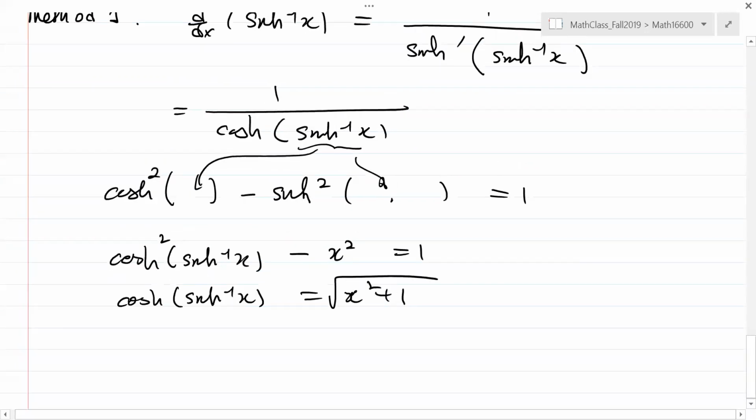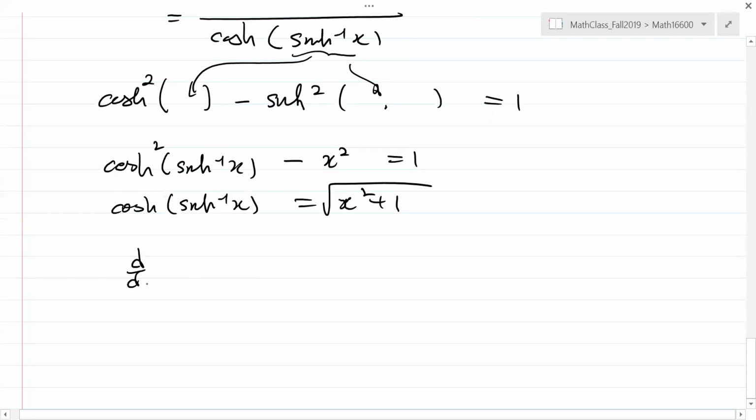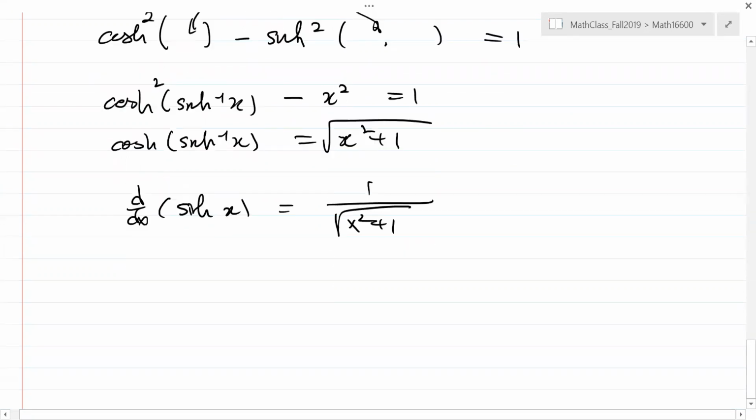And then we put it back, and we get that the derivative of inverse hyperbolic sine x is 1 over the square root of x squared plus 1. This is a very interesting formula.